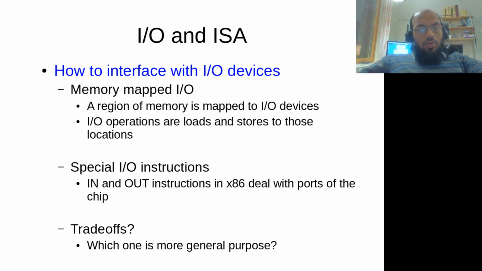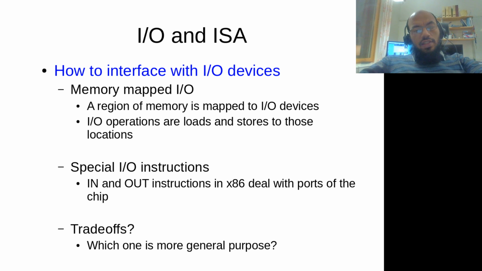And there are also differences in how the interface works between the processor and input output devices. We talked about memory mapped I/O in the second lecture, where you map a region of memory to the I/O devices. So when you communicate with the I/O devices, you communicate with memory, and I/O operations become loads and stores to these locations.